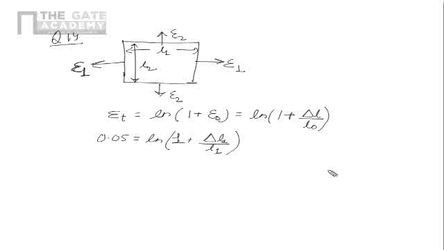So that gives me the value of the change of length along direction 1. How do I get the value of delta L1 now? I invert this equation, so 1 plus delta L1 upon L1 is equal to e to power 0.05.